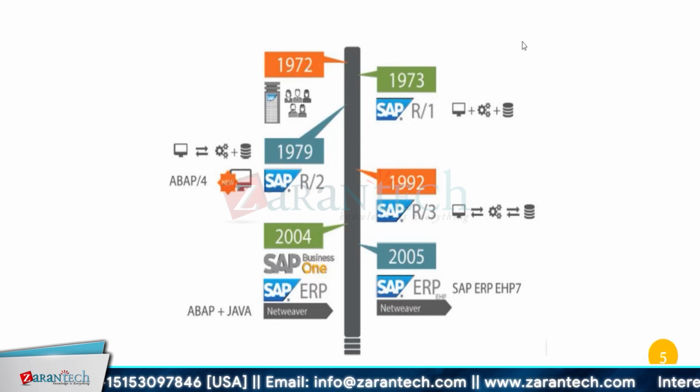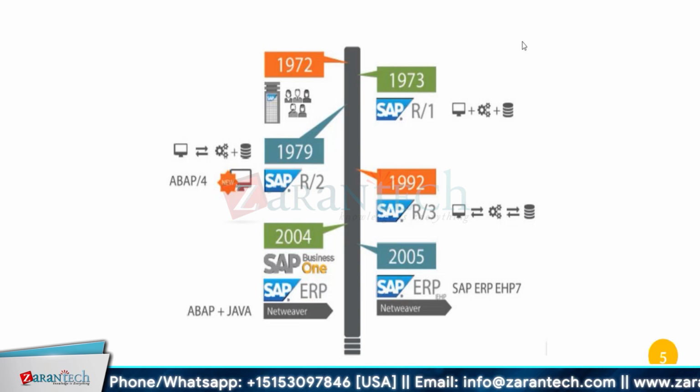Then coming to 92, that was the big milestone for SAP, where the R3 architecture, or the SAP ECC R3 component, was launched. It was basically a shift from mainframe to the client server architecture. It basically made SAP accessible to a wider range of businesses. And this version was characterized by its modular structure, allowing companies to implement modules specific to their business needs.